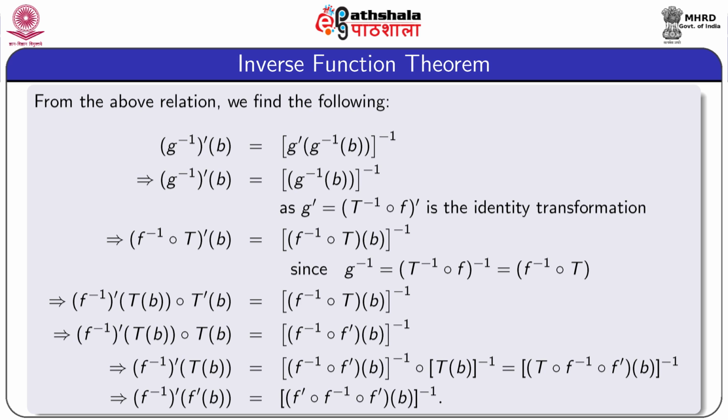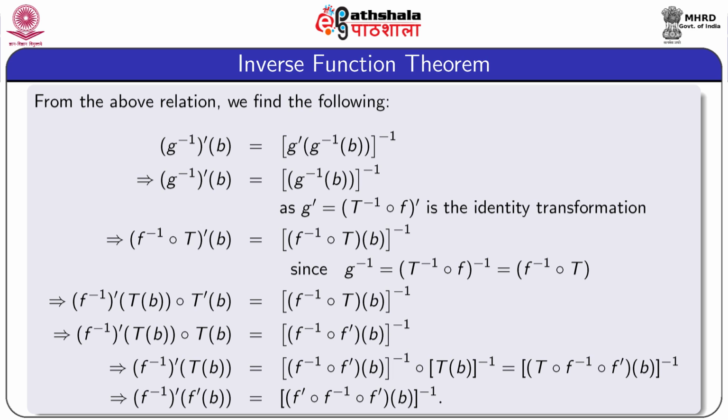From the above relation, we find the following by some calculations. Derivative of G inverse at B equals inverse of G dash at G inverse B. Now, G dash equal to T inverse compose F dash is the identity transformation.